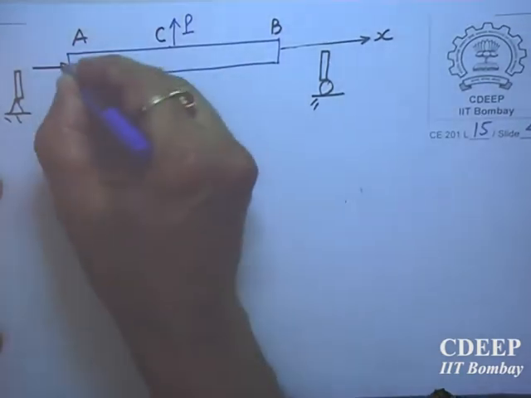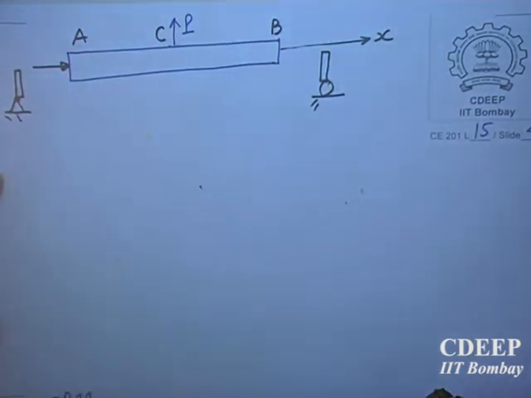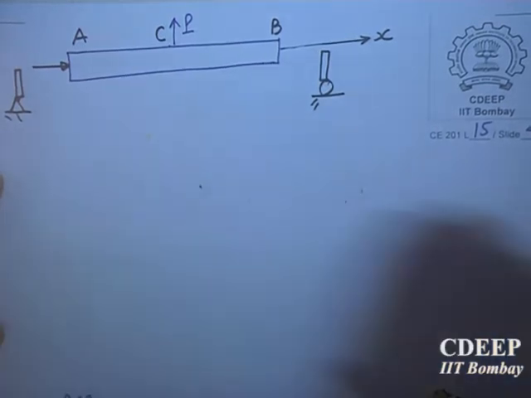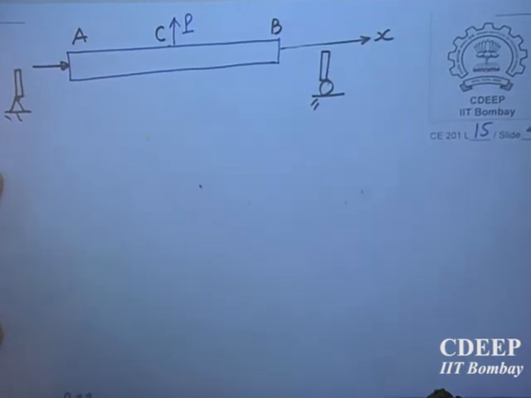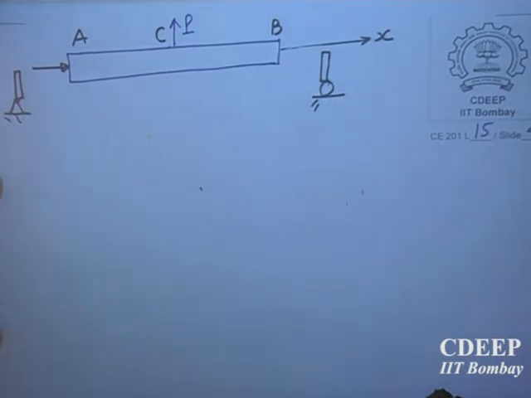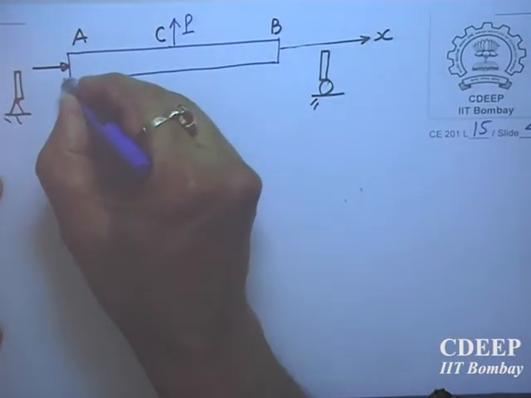There has to be a force here in X direction, because this was a hinge, and a hinge is not allowed to move in X direction. So there must be a reaction. Similarly, it also does not allow any movement in Z direction. So there must be a reaction in Z direction.